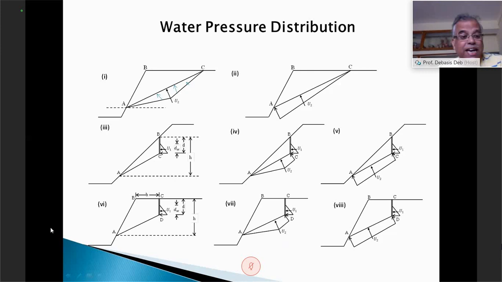So that means at point A the pressure will be 0, but here definitely the pressure is not 0 because there is some water activity. This is the condition I am going to discuss. But any of these conditions may happen. Maybe some other condition may also happen. We still do not know. But this is the most favorable in our region.